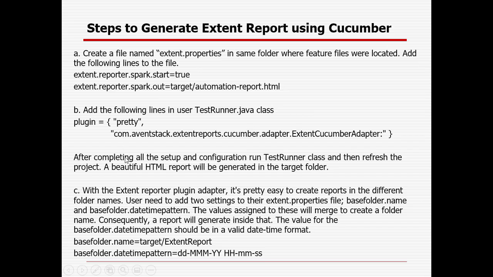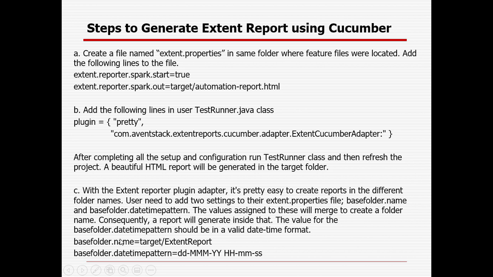In case you want to capture all the reports, suppose you have already run it 10 times, so that it will not be overridden, you need to add these two more lines of code in your extent.properties file, so that it will generate a unique one every time, and the previous one will not be replaced by the newest one.